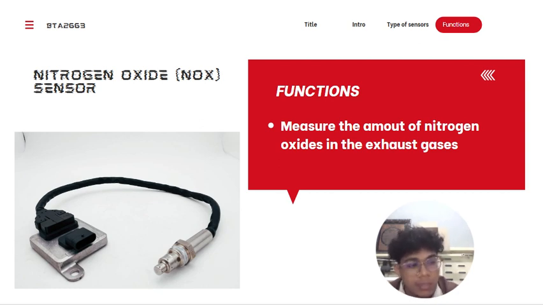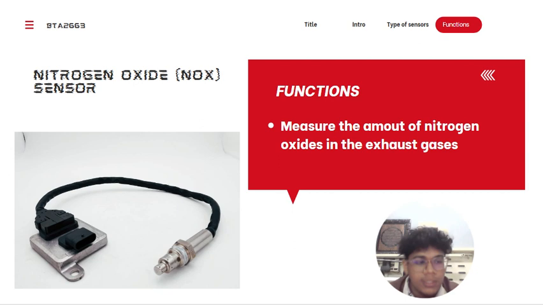This is an active emission system in diesel vehicles which injects ammonia or diesel emission fluid directly into the exhaust gas, and this converts the nitrogen oxide into nitrogen, water, and a minute amount of CO2.